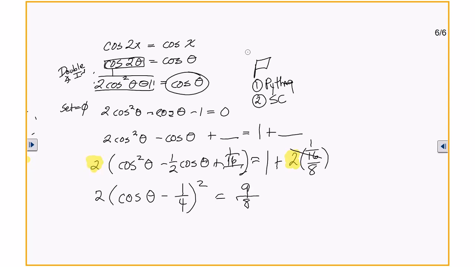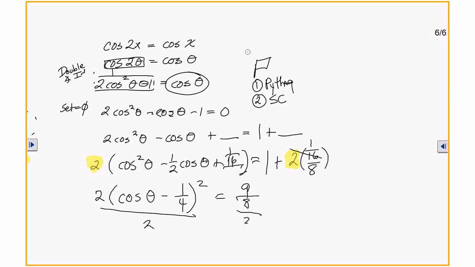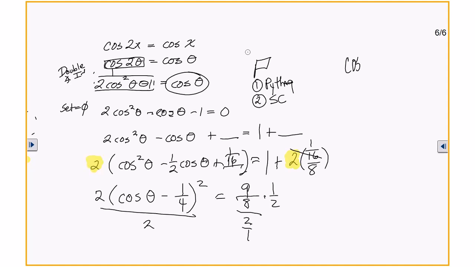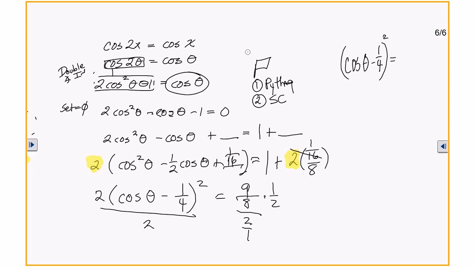Divide by 2 on both sides. Divide by 2 over 1. Multiply by 1 over 2. And that's going to give us cosine theta minus 1/4 quantity squared is equal to 9/8 times 1/2, which is 9/16. Take the square root of both sides.